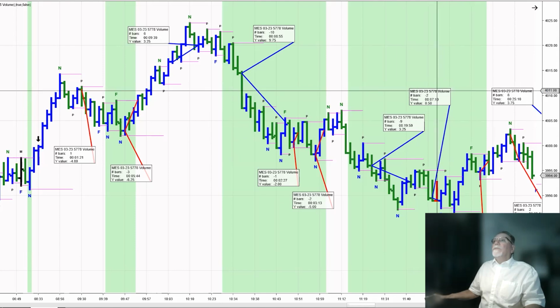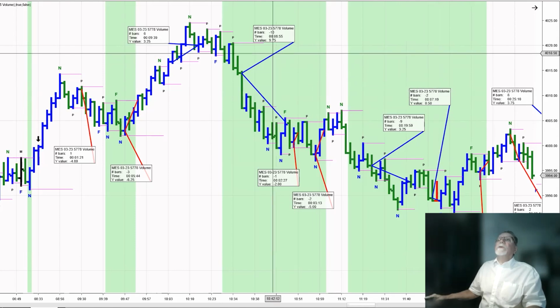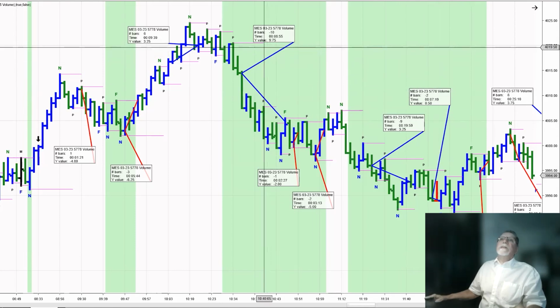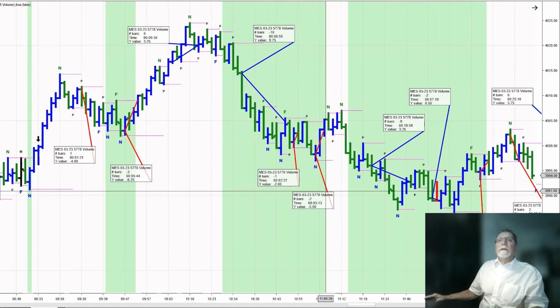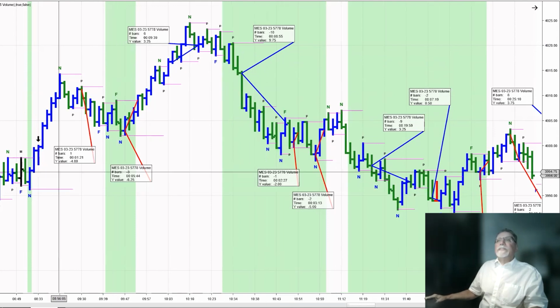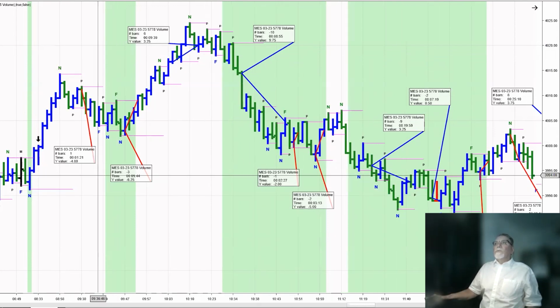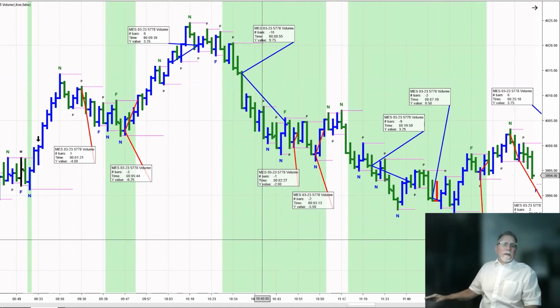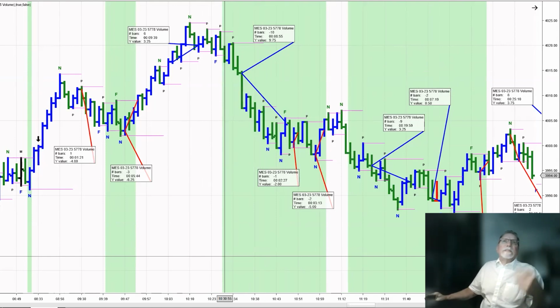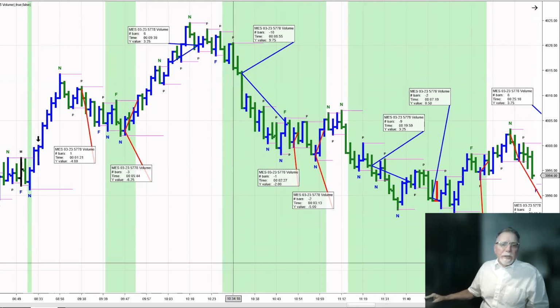So you had 375, 1350, 1675, and 11, 15, 17. For the whole day here, you might have lost $5 a contract on the micro S&P, maybe.